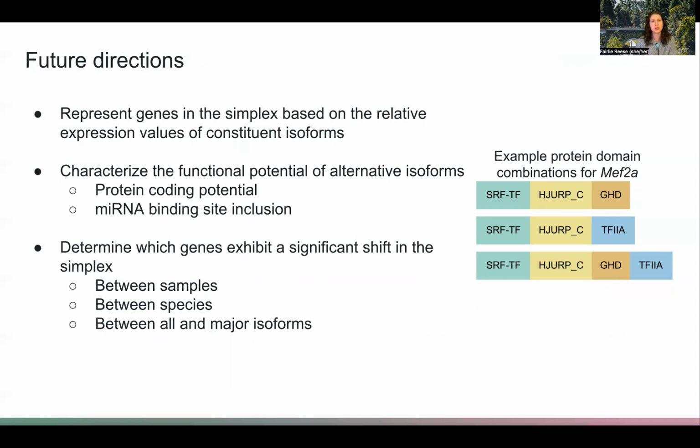We are also interested in characterizing the functional potential of our alternative isoforms, mainly in terms of the protein coding potential, as well as in microRNA binding site inclusion. And finally, we want to do more analysis of how these genes shift from one sector of the simplex to another between different biological contexts? So I showed you a brief example between species, but we'd also like to do this maybe between samples, but also between all and major isoforms.